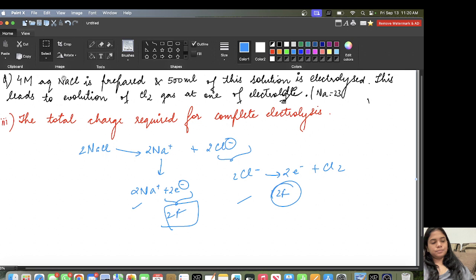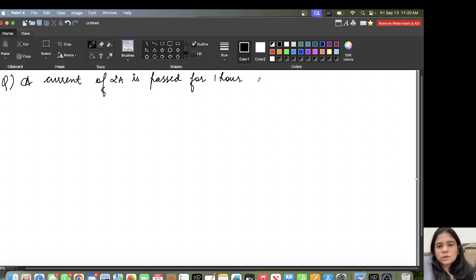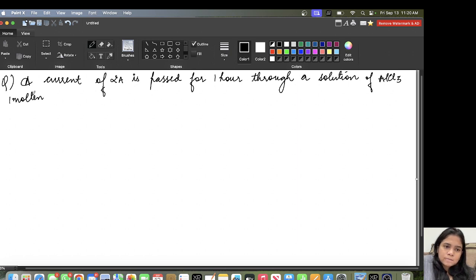Okay, next question. The next question is telling us a current of 2 ampere is passed for 1 hour through a solution of AlCl3, which is molten, and it has a current efficiency of 50%.